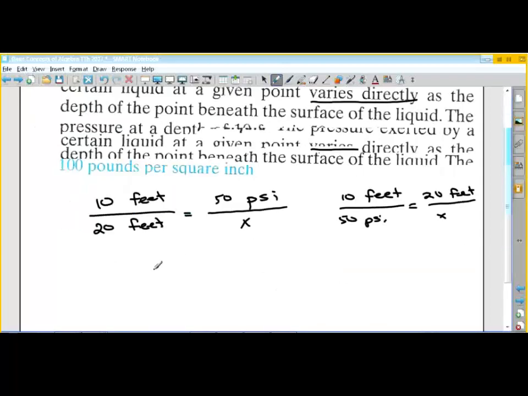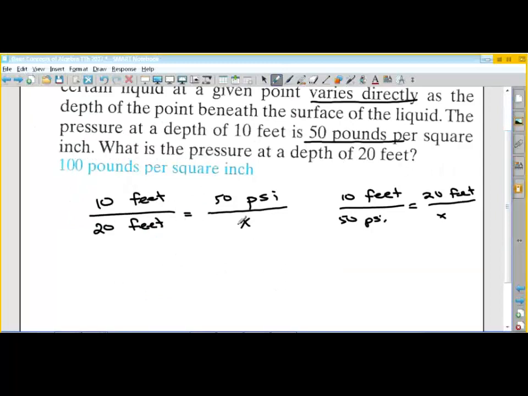And in both cases, you can rearrange this. Now, the way I would do it, rather than cross-multiplying, I would say, I need to solve for x. That's in the denominator, which is the wrong place. So I'm going to move it to the left-hand side, and that means now it's in the numerator. I've got my 50 psi on my right-hand side, where I'm solving stuff. So if I want to move 10 to the other side, that's going to go to the denominator.